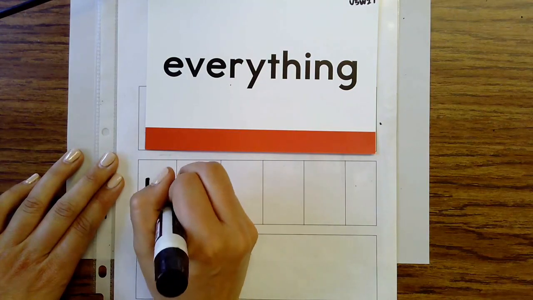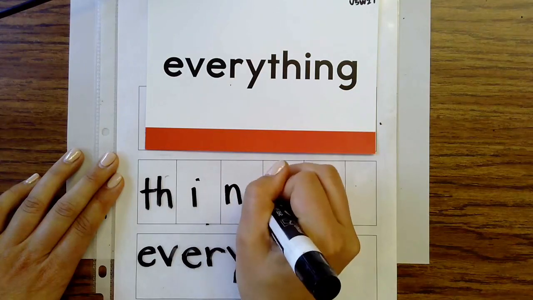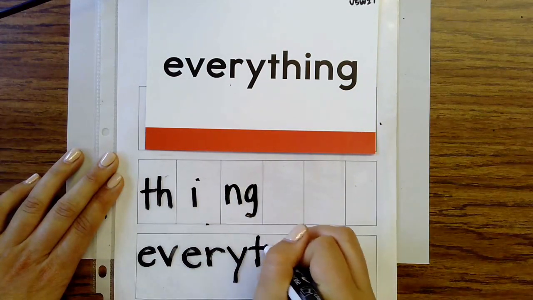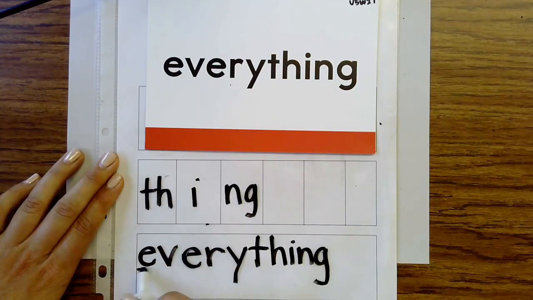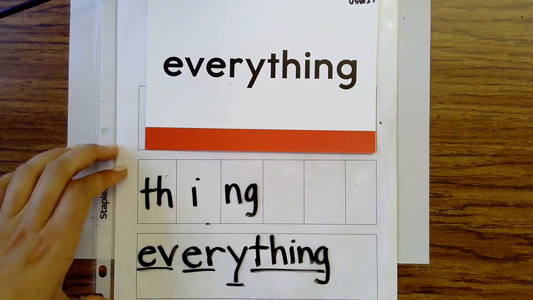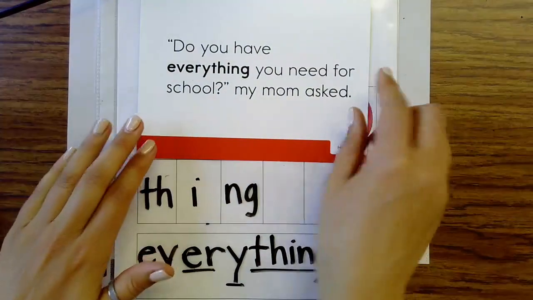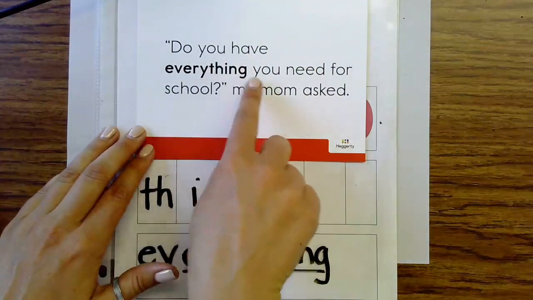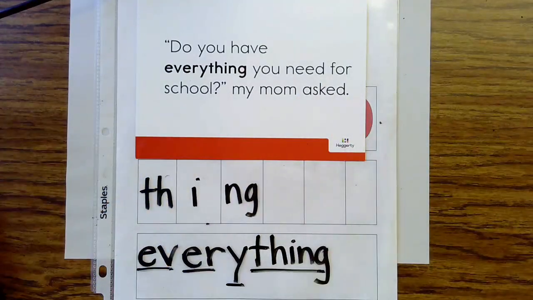Being a TH. Being an I. Being that NG digraph. Everything is the 4-syllable word everything. For example, do you have everything you need for school? My mom asked. The word is everything.